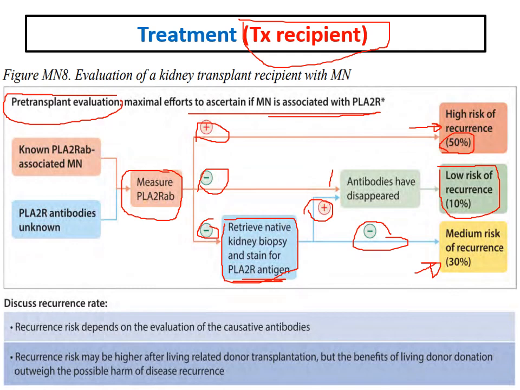Again, this point. We can retrieve the native kidney biopsy and stain for the phospholipase A2 receptor antigen. If he was positive in the biopsy and now is negative in the serum, this is a very good sign, indicating a very good remission or response, and the recurrence will be at the lowest level.